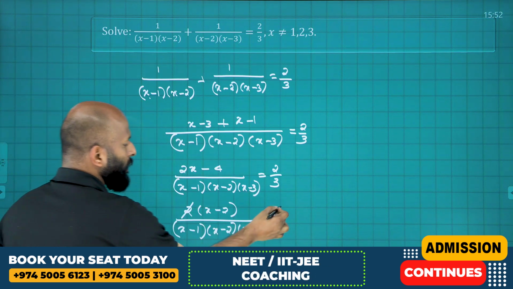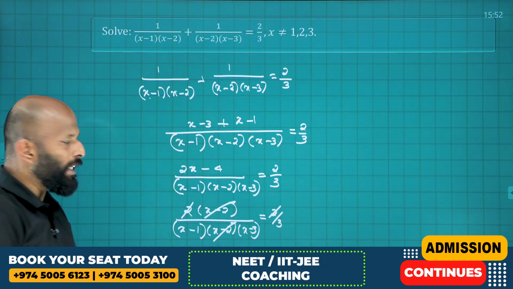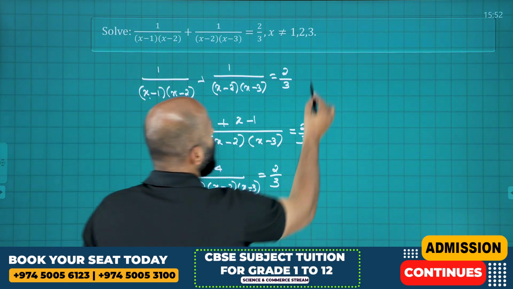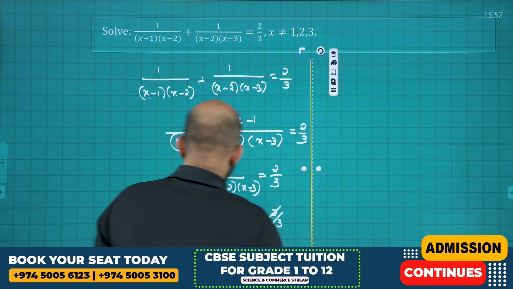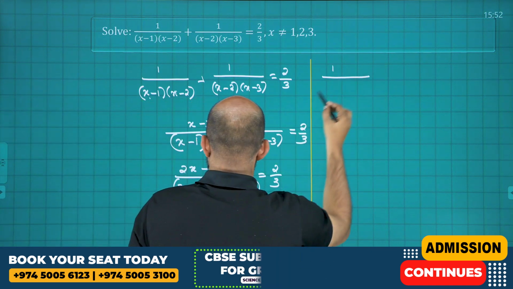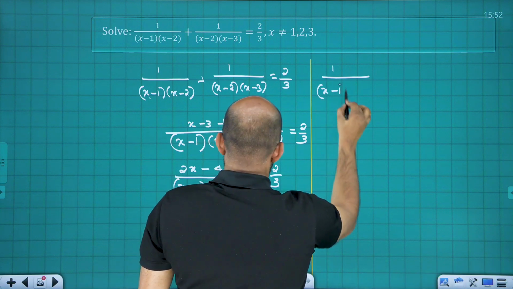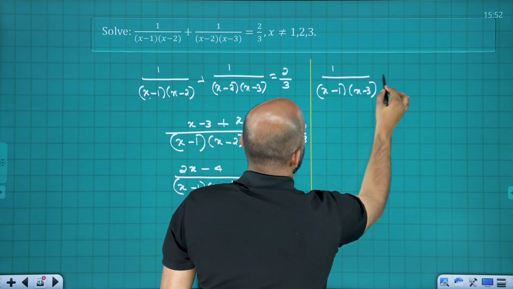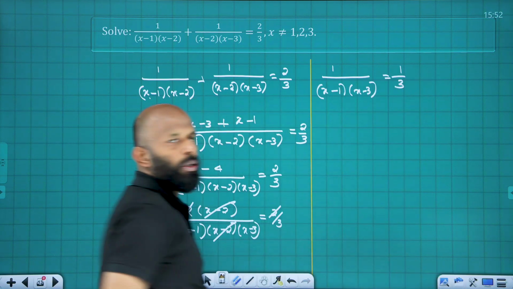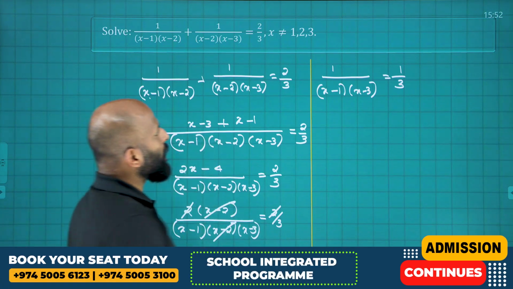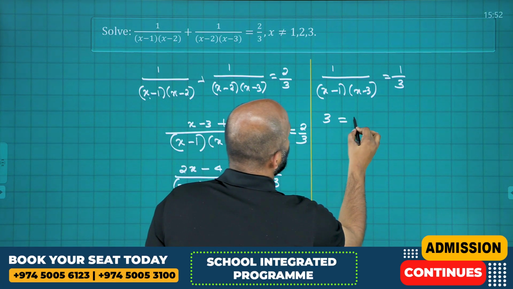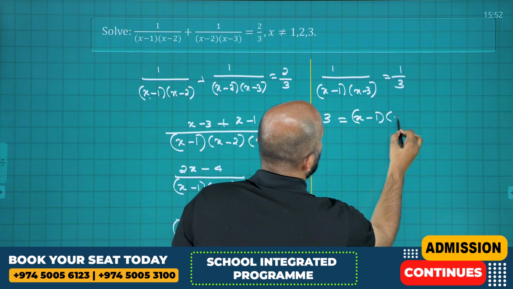Then 2 cancels, x-2 gets cancelled. So what is remaining here? The remaining is 1/((x-1)(x-3)) = 1/3. Then cross multiply, which is 3 = (x-1)(x-3).